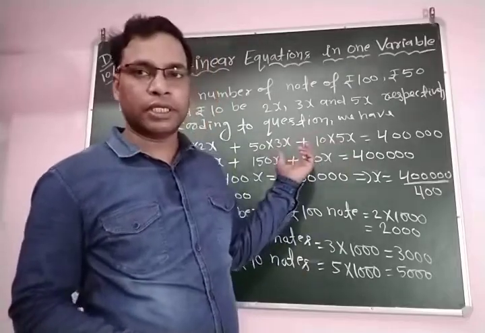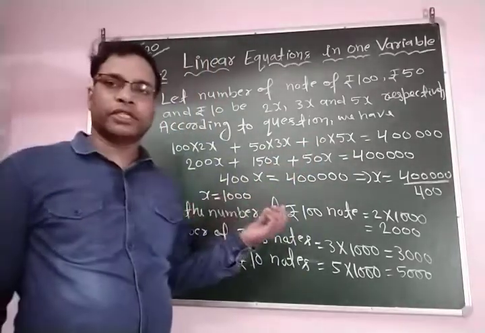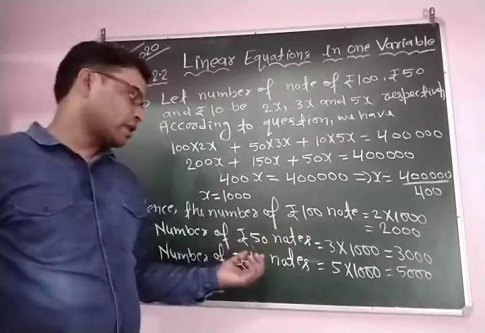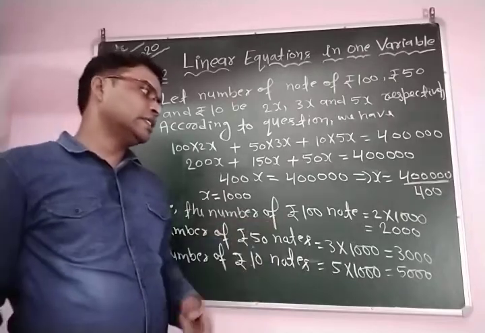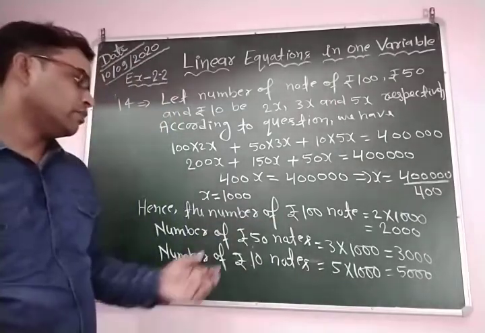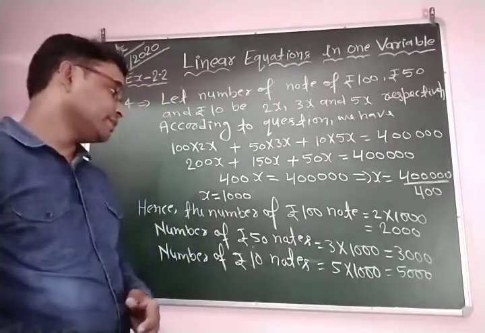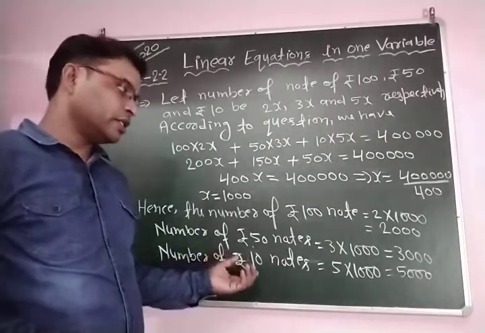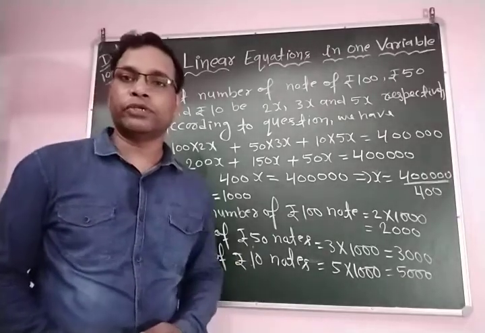We solve here, then we find the value of x is 1000. So we can find the number of notes of 100 rupees is 2000, number of notes of 50 rupees is 3000, number of notes of 10 rupees is 5000. Okay, students, I hope all of you understood this question.